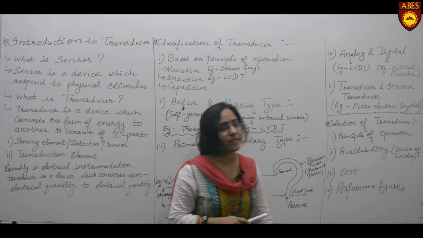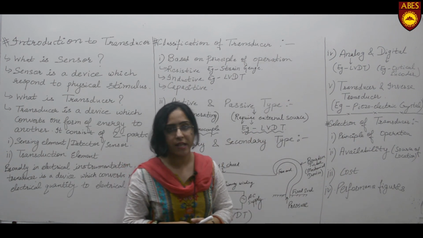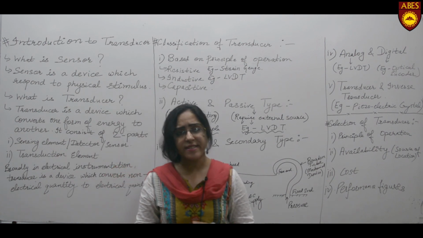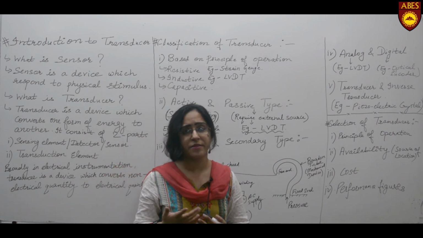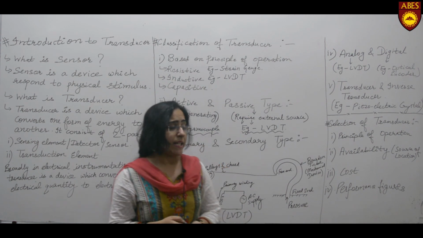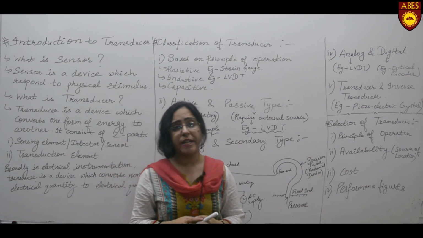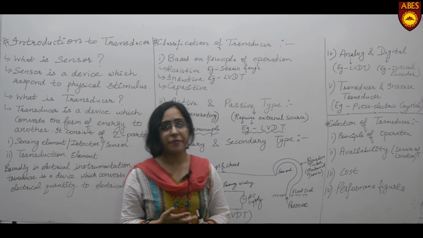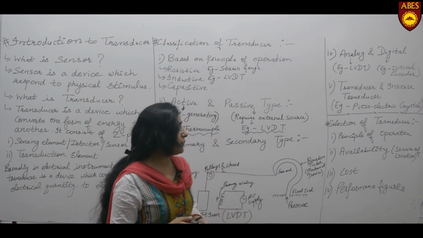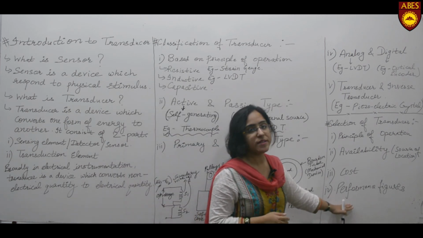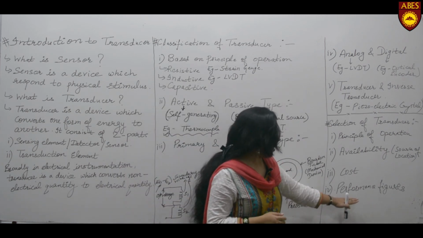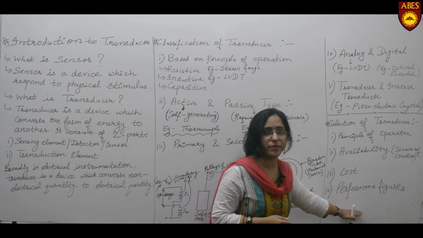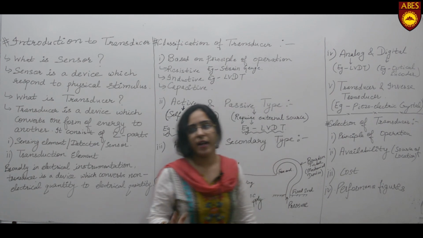Performance figures basically calculate the response time, the recovery time of the transducer, sensitivity of the transducer, whether it is sensitive or not, the input operating range of the transducer and hysteresis effect. All those parameters come in the performance figure. On the basis of that we can choose the sensor or the transducer which is best suitable for our application.